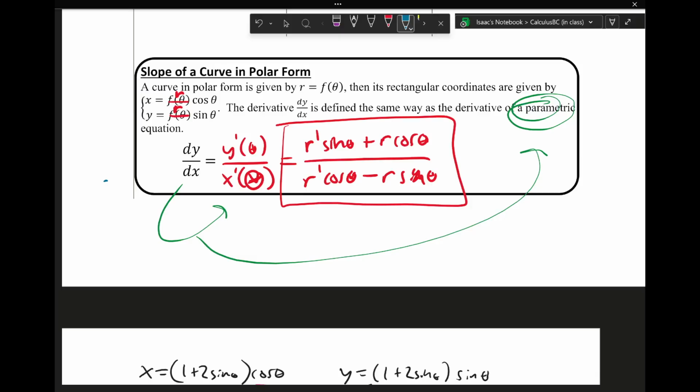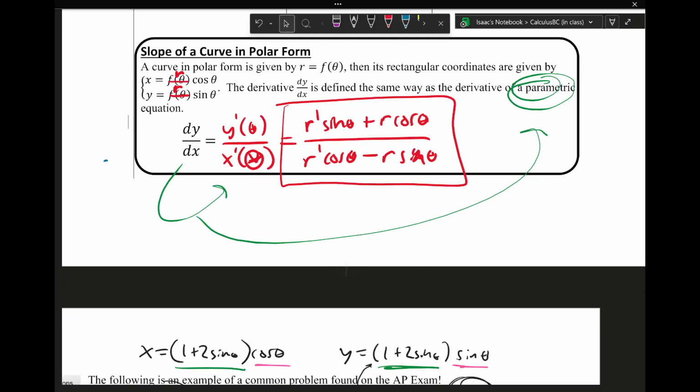So if x is r cosine theta and y is r sine theta, the derivative of y, if you look up here, you'd have to do product rule, r prime sine plus r derivative of sine. The derivative of x, if x is r cosine theta, do product rule, derivative of r times cosine left alone, plus r times the derivative of cosine.